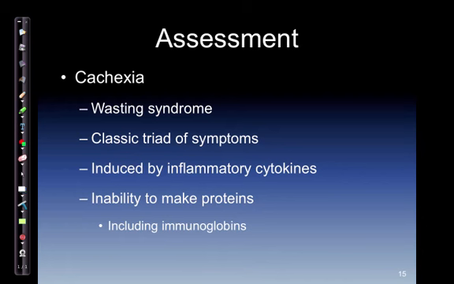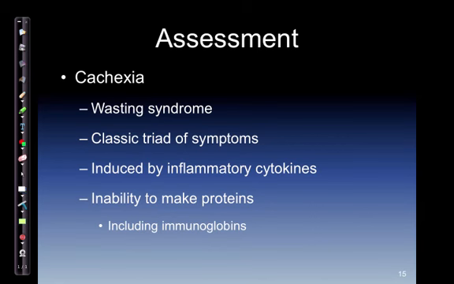Assessment: cachexia, which is a wasting syndrome, with a classic triad of symptoms as well: loss of appetite, loss of weight, and malaise, induced by the inflammatory cytokines of the body, and an inability to make proteins, and that includes immunoglobulins, which essentially are antibodies, or they have the ability to initiate specific immune responses.